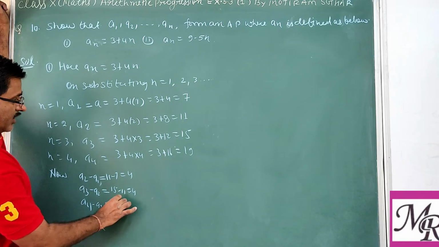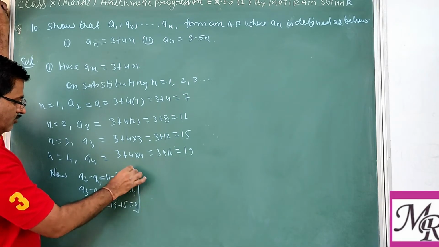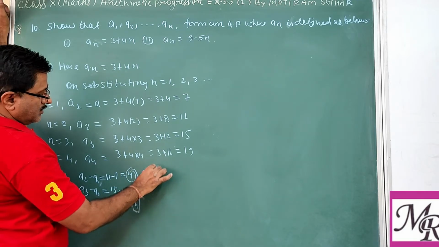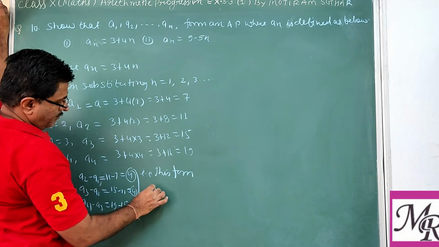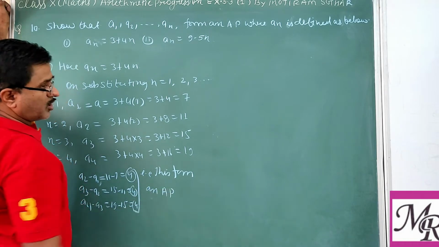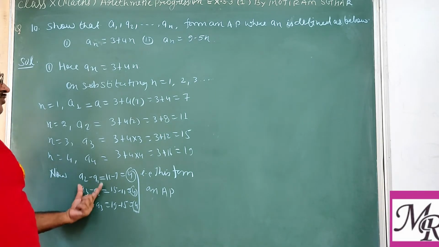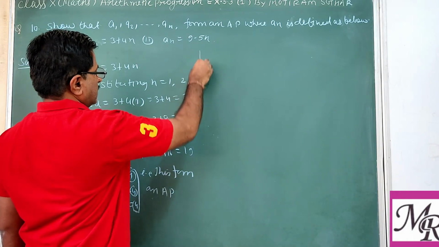So the difference should be the same. This is the same, value 4, 4, 4. That is, this forms an AP. Why does this form an AP? We have to check the difference between the consecutive terms is constant.